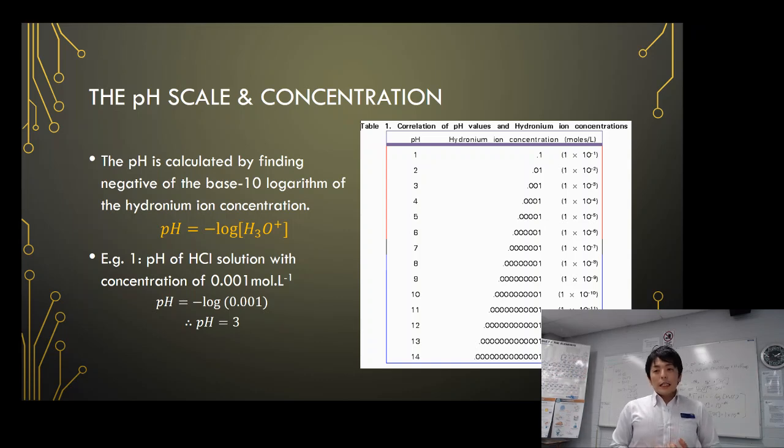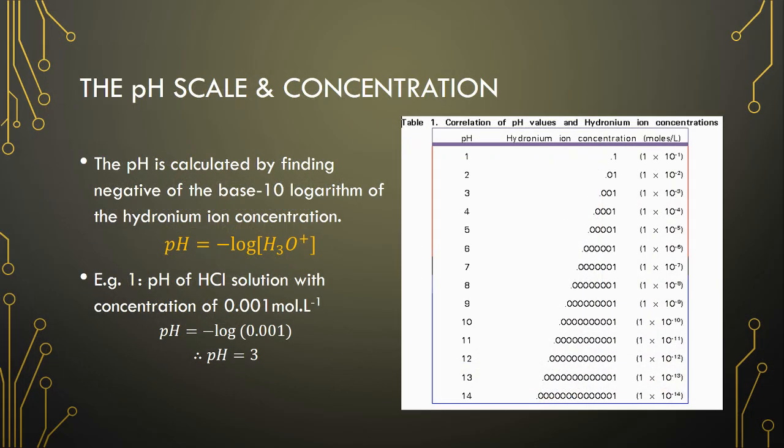As you can see in this diagram, I'll zoom in here, 0.001, like what was given in the question, gives pH 3. That also equals 10 to the power of negative 3 as its concentration. 0.0001 is going to produce a pH of 4, and 0.00001 is going to be 5.